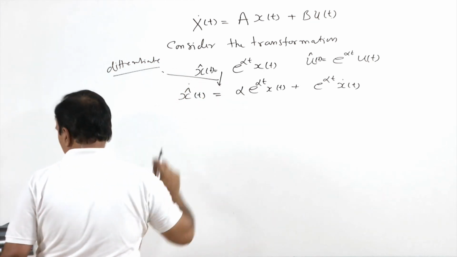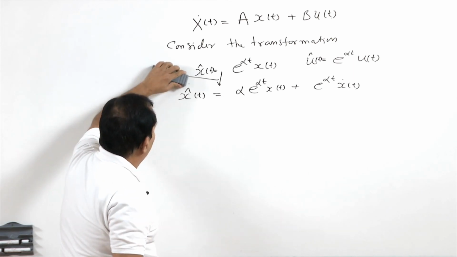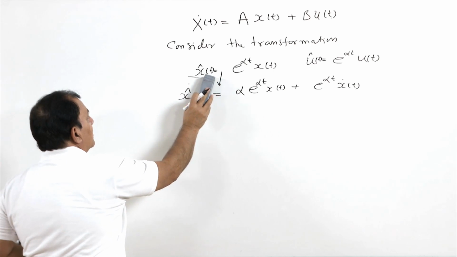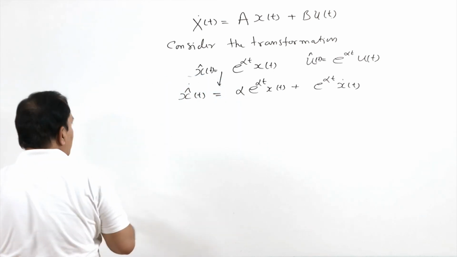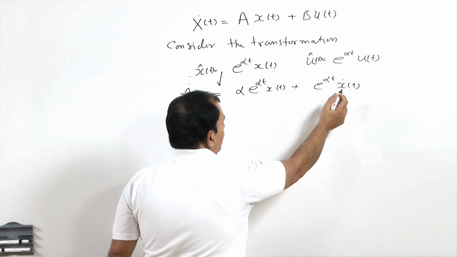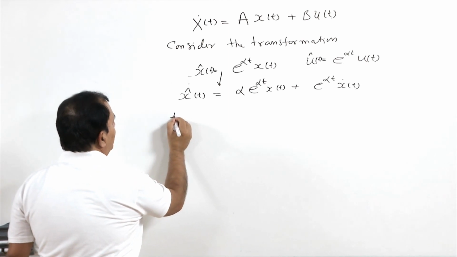So, differentiating this equation, we get x hat dot equal to alpha e to the power alpha t x of t plus e to the power alpha t x dot of t.